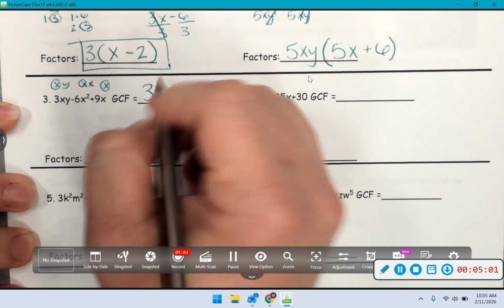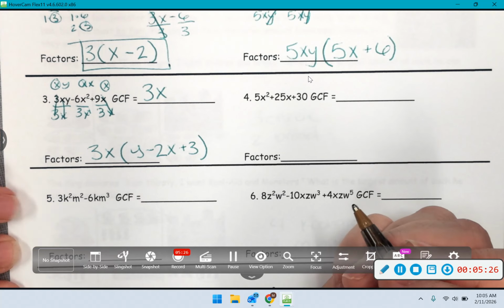So my GCF here is 3x. And again, we have to divide by our GCF. So 3x, 3x, 3x. Well, the 3's cancel. 1 minus 1 is 0, and I'm left with a y. Negative 6 divided by 3 is negative 2. 2 minus 1 is 1x. 9 divided by 3 is positive 3, and the x, 1 minus 1 is 0, so that goes away.